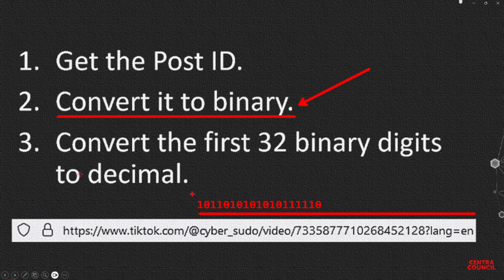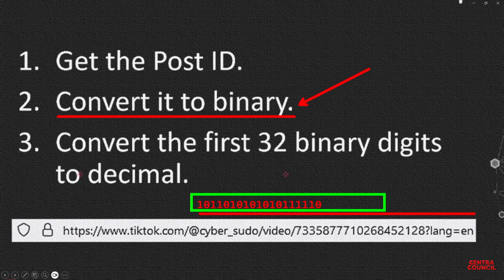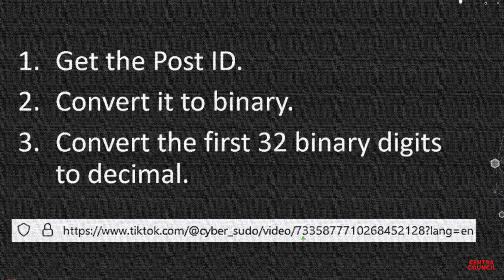After converting to binary, you take the first 32 digits, because it's usually going to be longer than 32 digits. Then you convert those back to decimal. Originally, the post ID or the comment ID is a decimal.